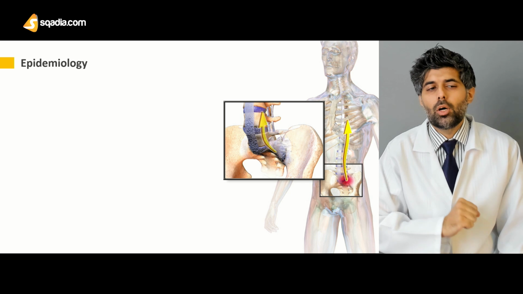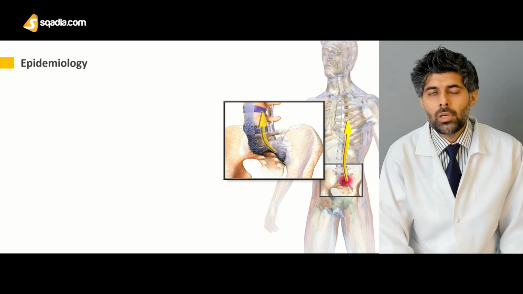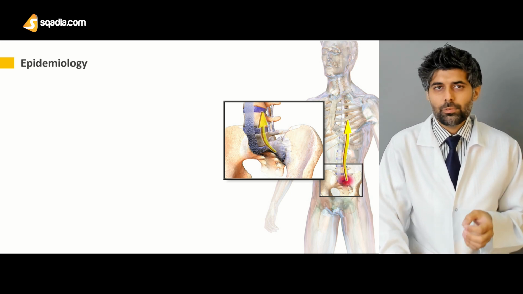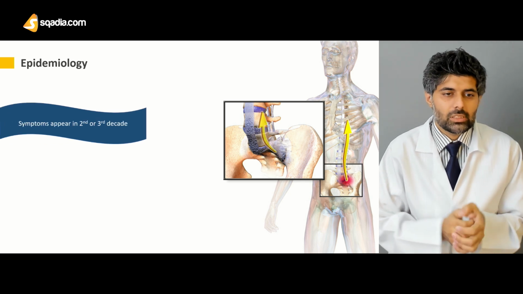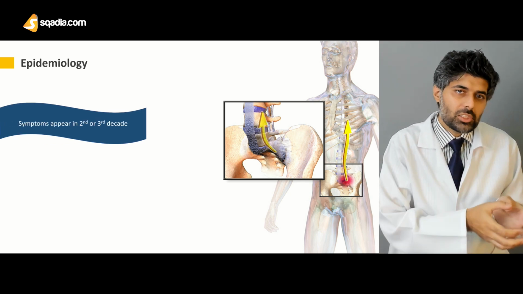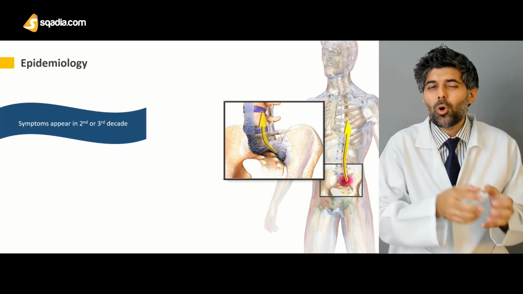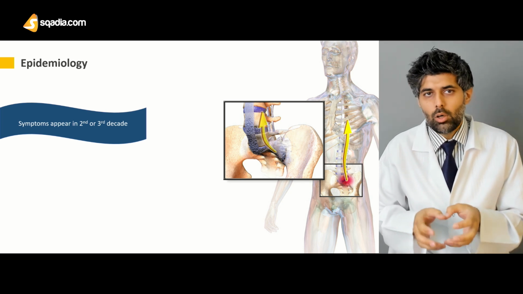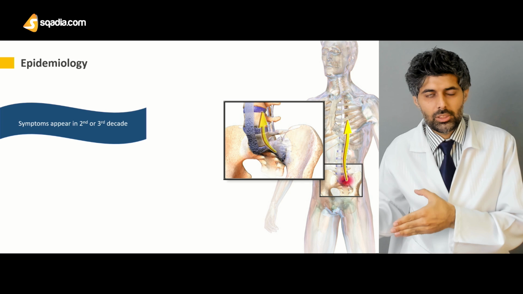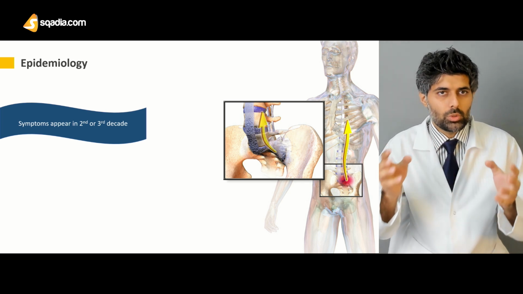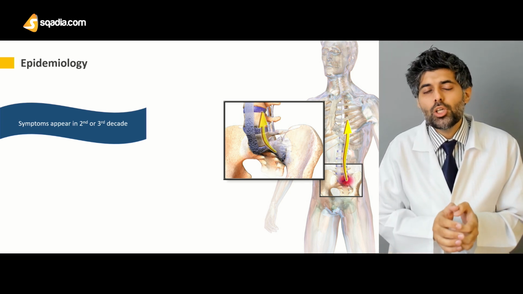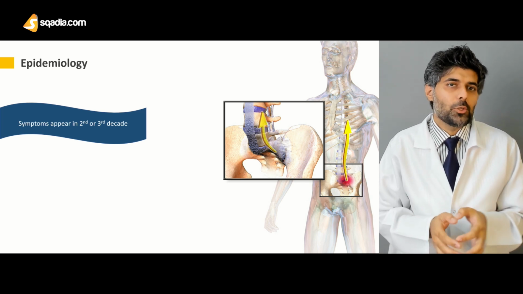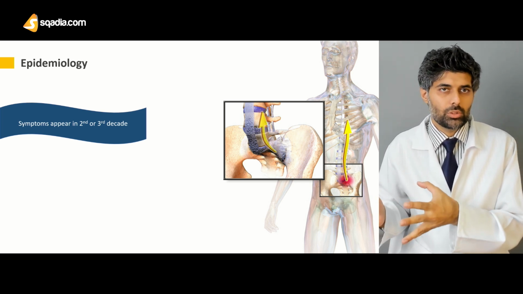Now let's talk about the epidemiology. Epidemiology of ankylosing spondylitis is that it starts during the second or the third decade of human beings, or in order to get a mean age, usually it starts around the age of 23 years old.